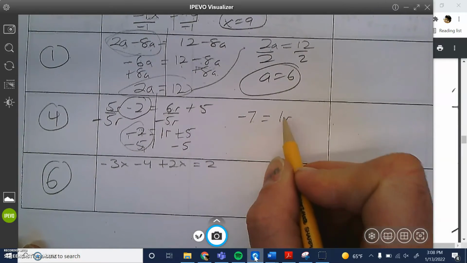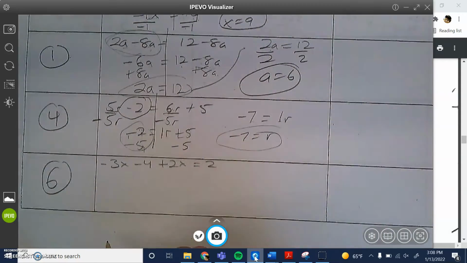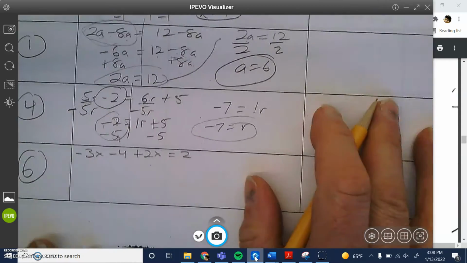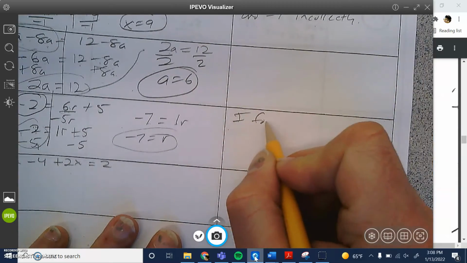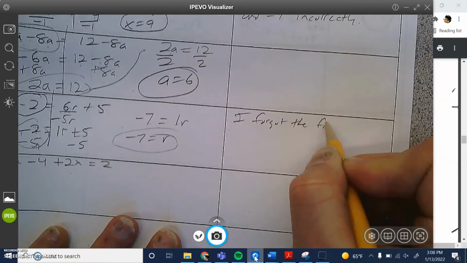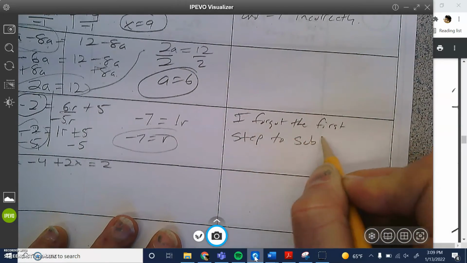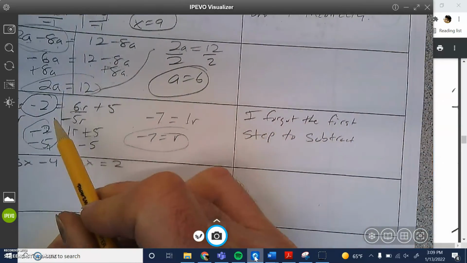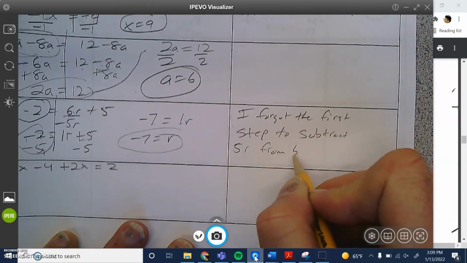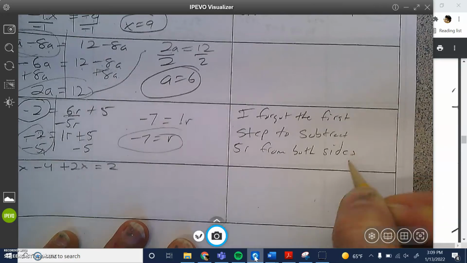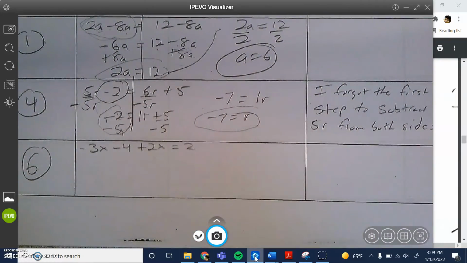And that's 1R, which is the same as just R. So write down whatever you did wrong with this one, like, I forgot the first step to subtract 5R from both sides. That is a great way to express your mistake so you don't make it the next time.